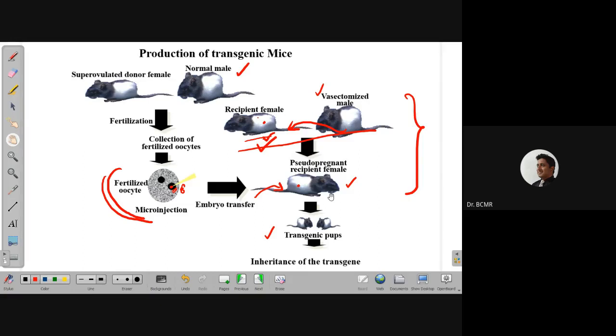By that event, the female gets ready to hold on to the embryos, and once in that stage, we put the fertilized eggs into this individual, and she would then give birth to transgenic pups. And then we analyze if they are transgenic or not. If they are transgenic, we allow inbreeding so that they will become homozygous for the transgene. I hope you understood the process of this.